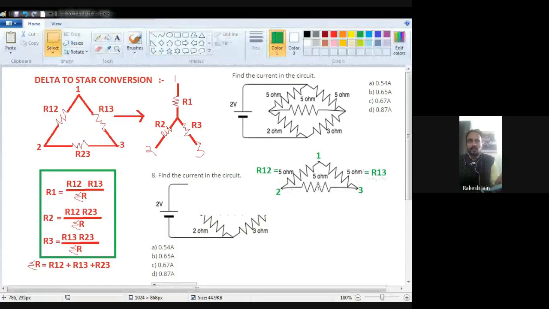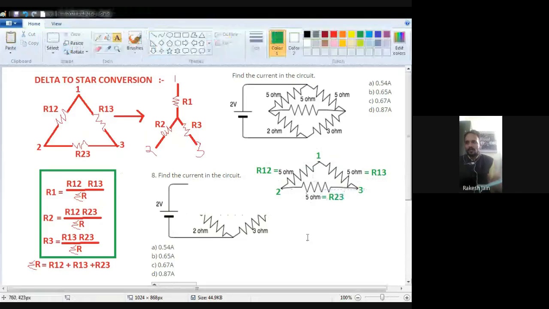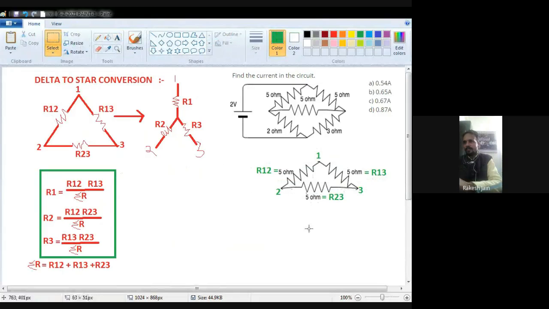So here R12 is 5 ohm. This one is connected between first and 3, that is why the name is R13. And here this third resistance, R23, I just put down here. Kindly wait. This one is a 5 ohm resistance and it is equal to R23.